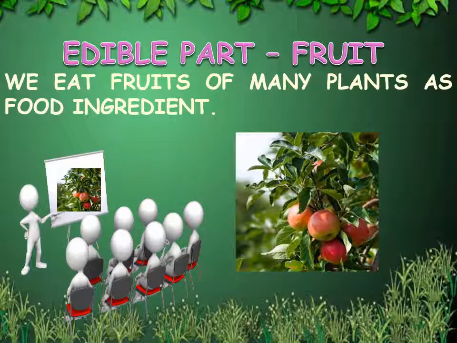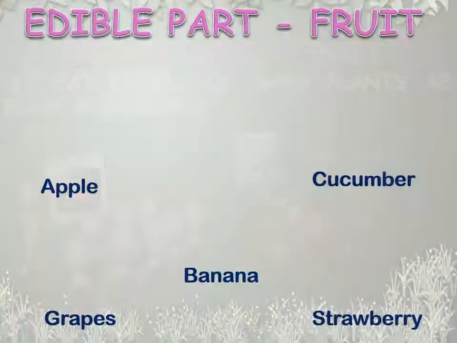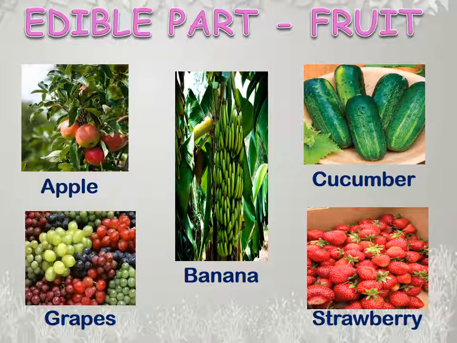Fruits are edible part of many plants. We eat fruits of many plants as food ingredient. Some examples of edible fruits are apple, grapes, banana, cucumber and strawberry.